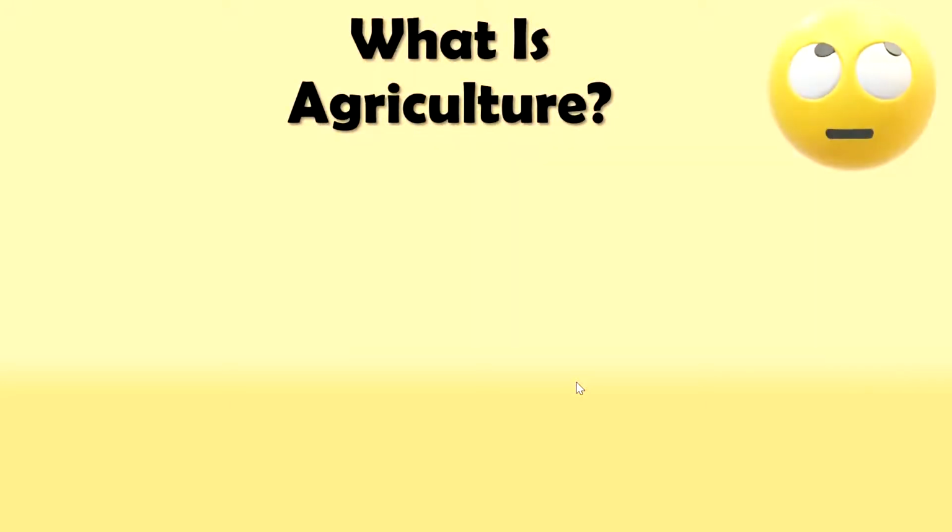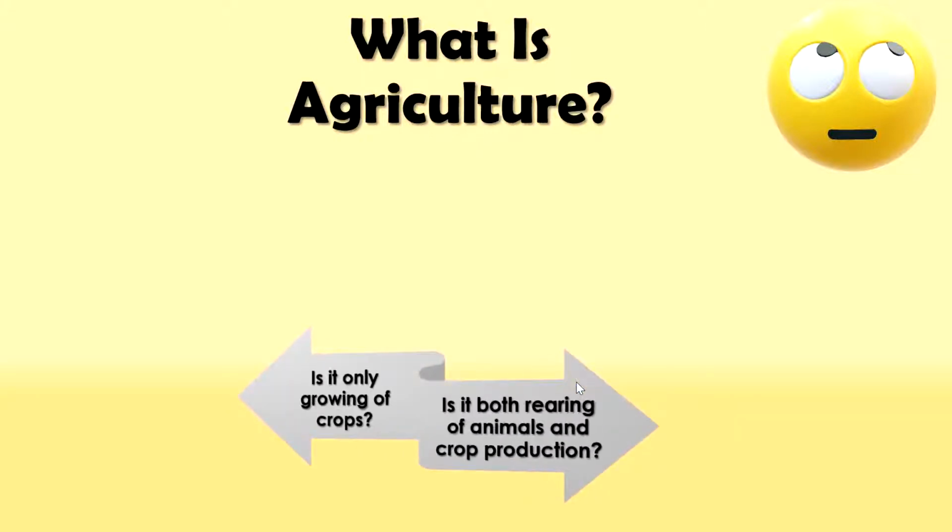Basically, let's start with the first topic, which is what is agriculture. Everyone has their own definitions, and I know that many of us also know what agriculture means. But what is the actual definition? I'm giving you two options right now. First, is agriculture only the growing of crops, or is it both rearing of animals and crop production? So what do you think?